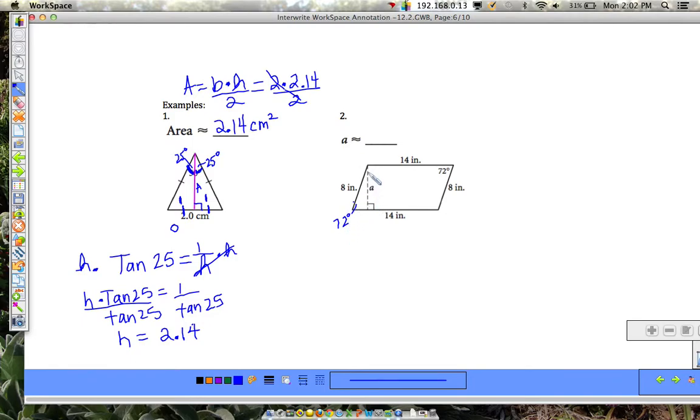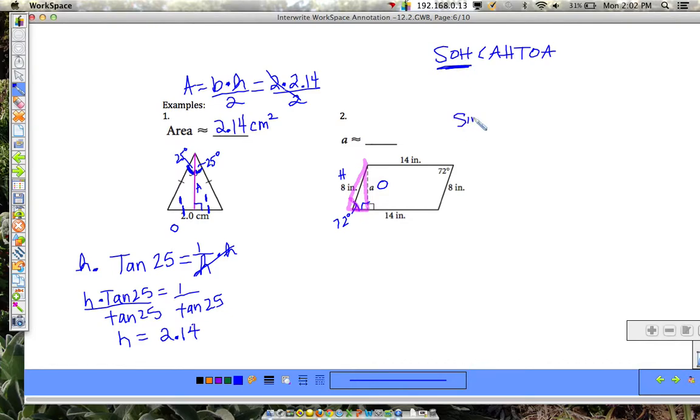Okay, now if we want to find the height, I've got a right triangle right here. So I could say, well, here's my angle. I'm going to mark my angle, 72 degrees. I'm trying to solve for A, which is the opposite side, and the hypotenuse is 8. So I can say, well, SOHCAHTOA, sine is the ratio of the opposite side and the hypotenuse.